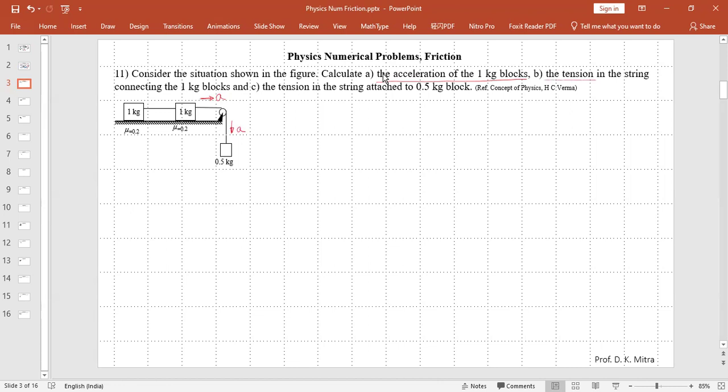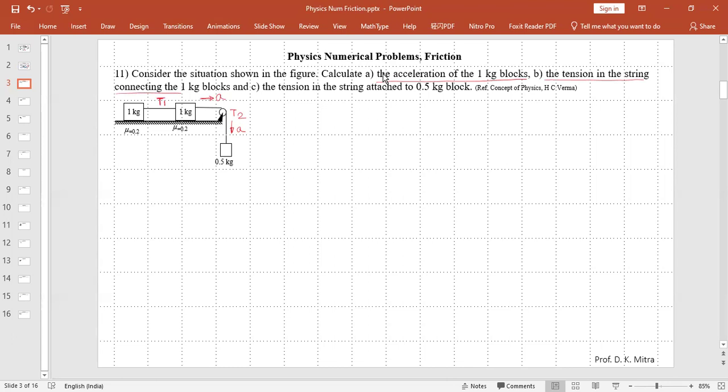Another question: the tension in the string connecting the 1 kg blocks. So they want us to find out this tension. Let's say this tension is T1, and let us say the tension at this block is T2. It will be a different tension because there is another block in between.